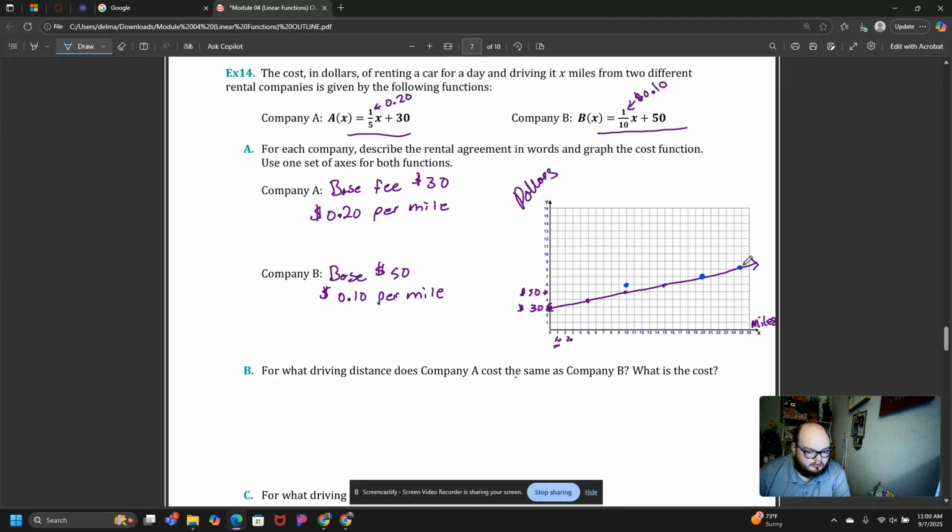Okay, but they wouldn't cross here again on this other line. That's poor drawing on my part. Okay, so let's fill in this line as best as I can here, because that'd be $80 at 250 miles.